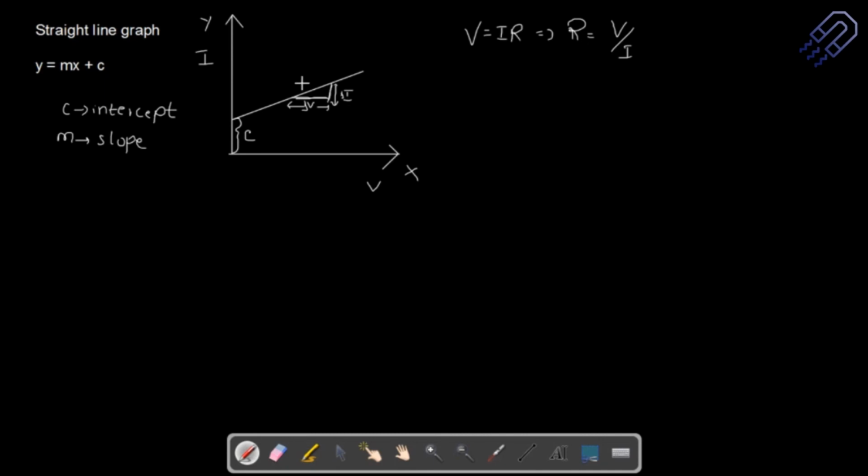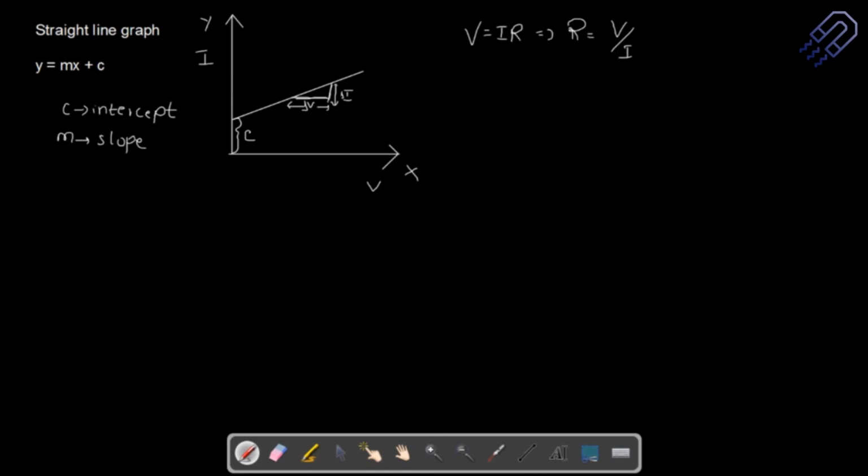You take it at any particular point and you get the same value of resistance, because this is a graph which behaves very decently. It has a particular pattern. It's not erratic. It's just moving straight. It does not have any other behavior present.